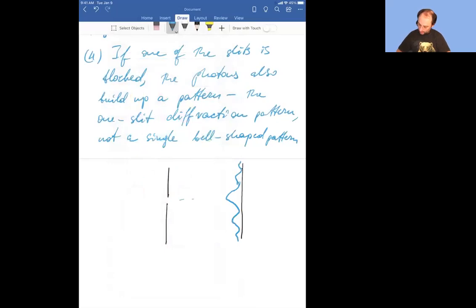It looks kind of like that. In single slit diffraction, the central lobe is much more dominant, but there are these additional satellite peaks. They're very important because they show that there is an interference phenomenon taking place.